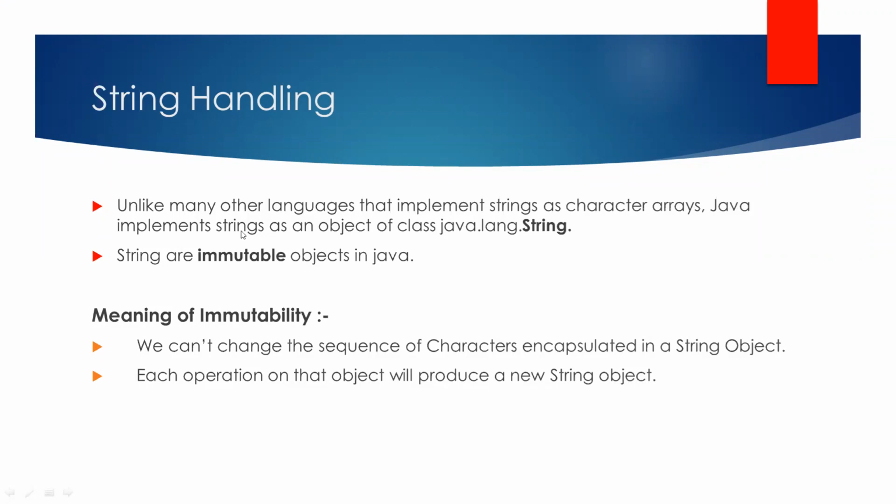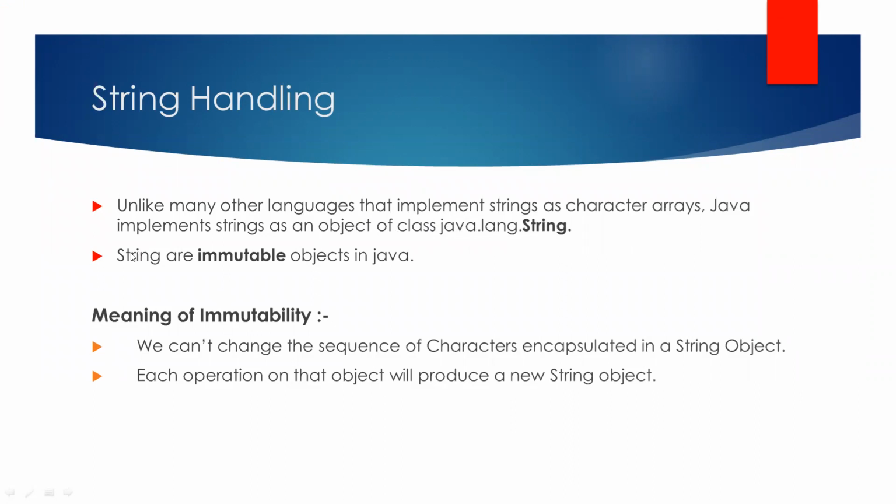Java implements a string as an object of the class java.lang.String. So in Java, strings are objects, and that object belongs to the String class, which is inside the java.lang package. I hope this first point is clear.